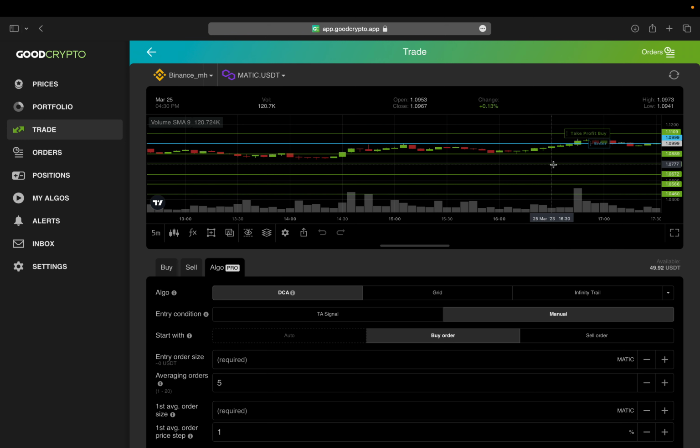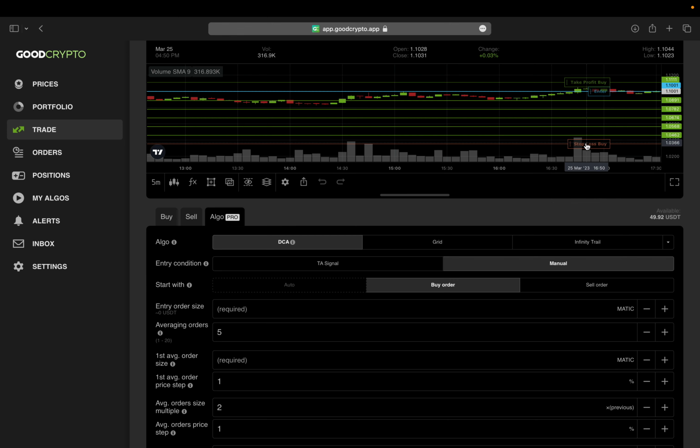If you add a stop loss here, the same goes for the stop loss. You bought one coin here, your stop loss is here, it's for one coin. You added another coin here, and the stop loss automatically adjusted its size to reflect your true position, right?